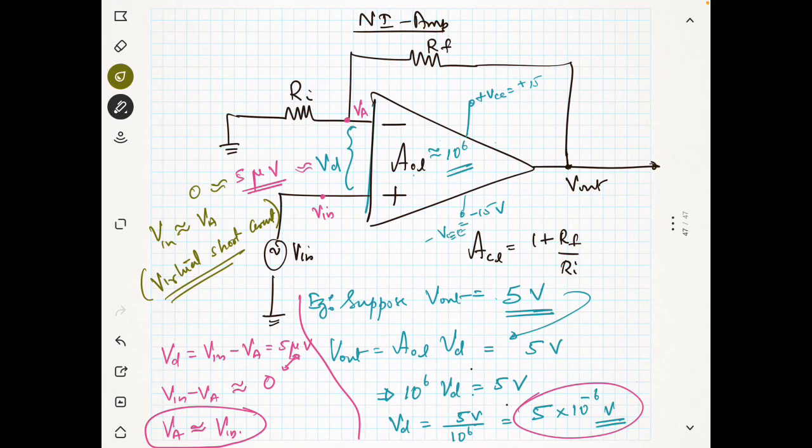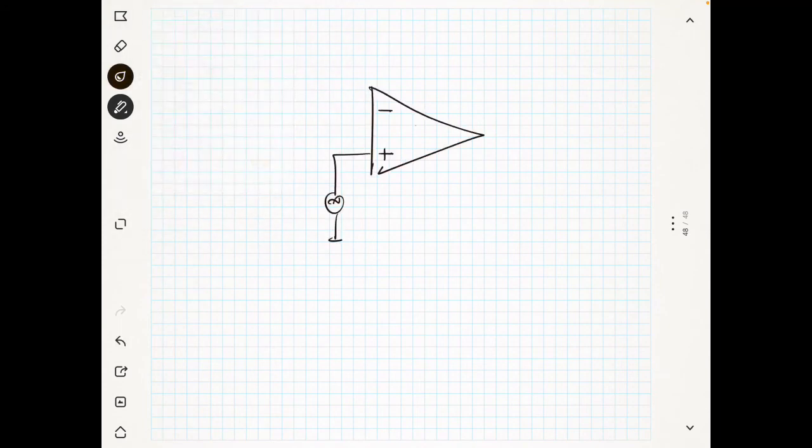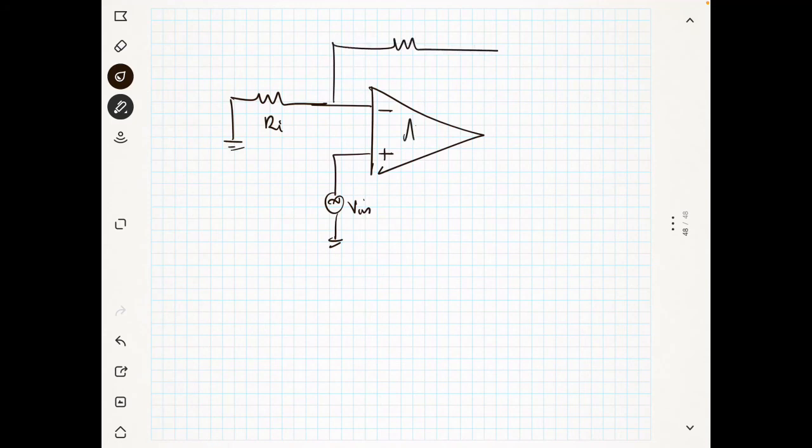So you see that whenever you have an op-amp like this, I am drawing this again: this is V in, and this is Ri, and this is grounded here, and this is the open loop gain, and this is V out.